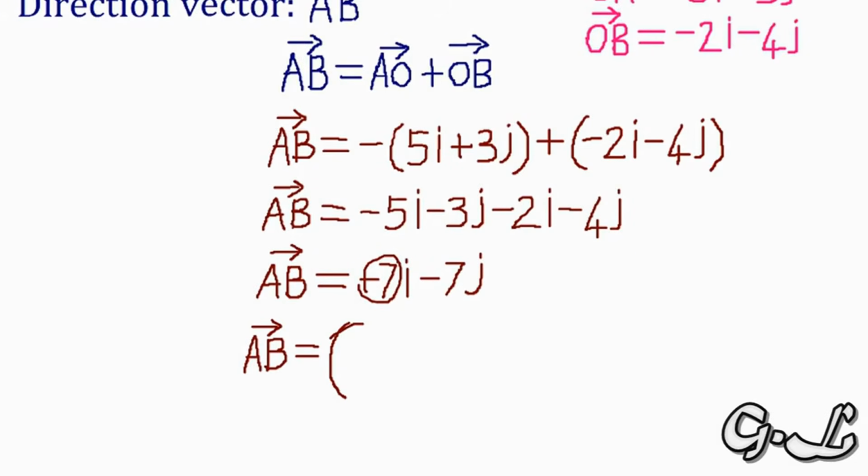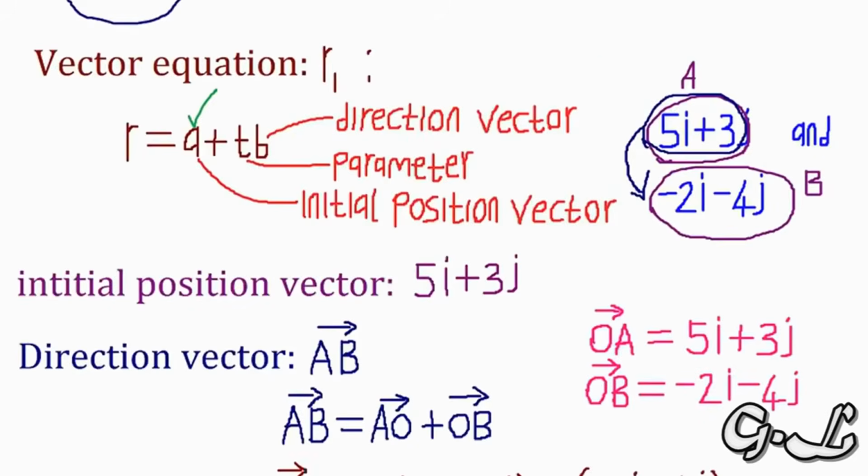That negative 7 is going to be at the top simply because it is the one attached to the i. And the term attached to the j is going to be at the bottom, and in such a case it is negative 7. So this is how it is going to be.